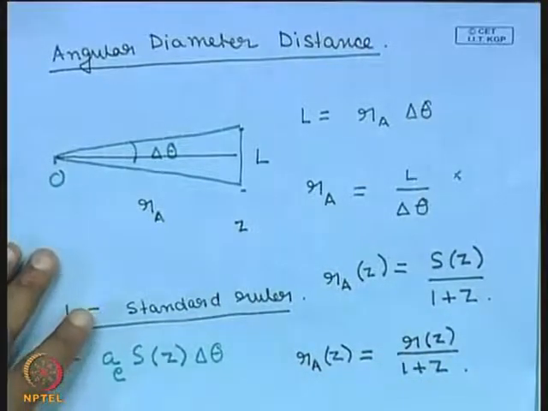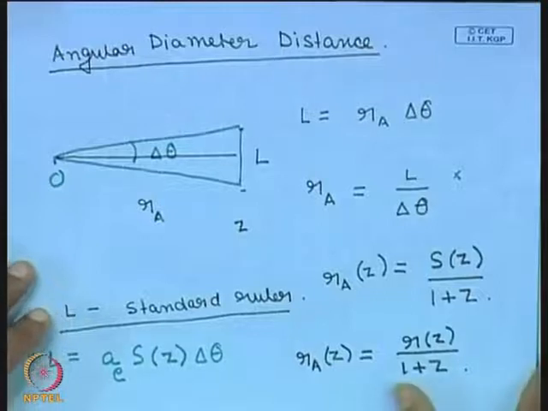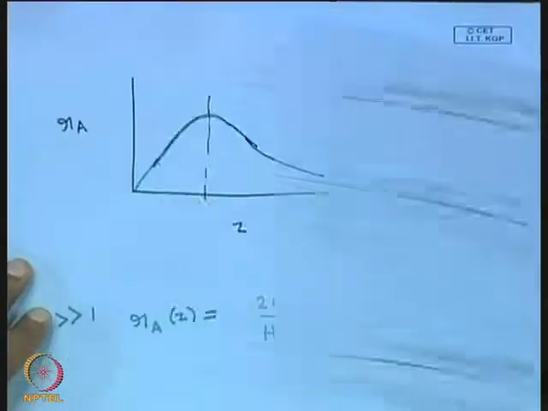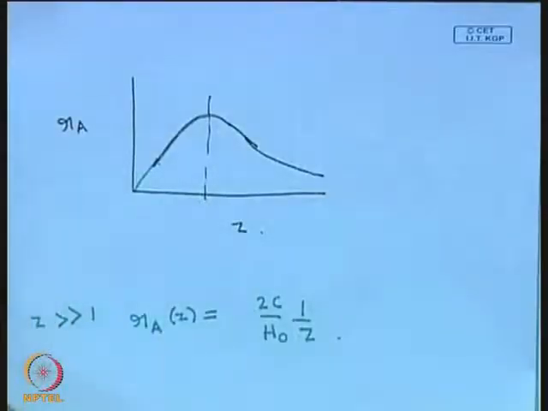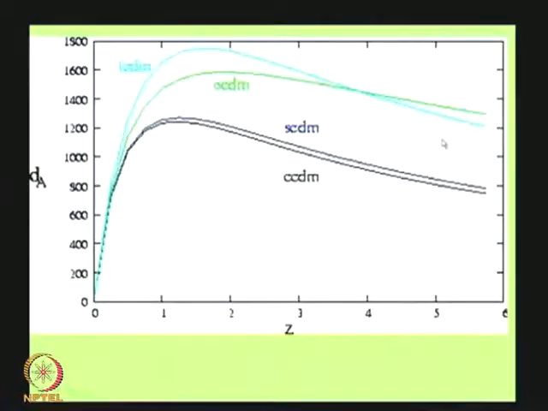So this picture shows you the angular diameter distance, how it varies with redshift for different cosmological models. You see that for all the models it has a maximum somewhere between redshift 1 and 2, and then it falls off.